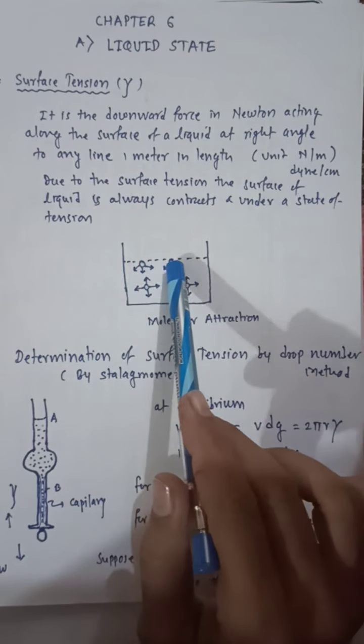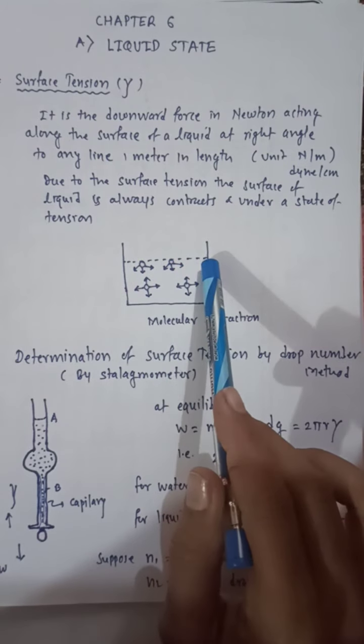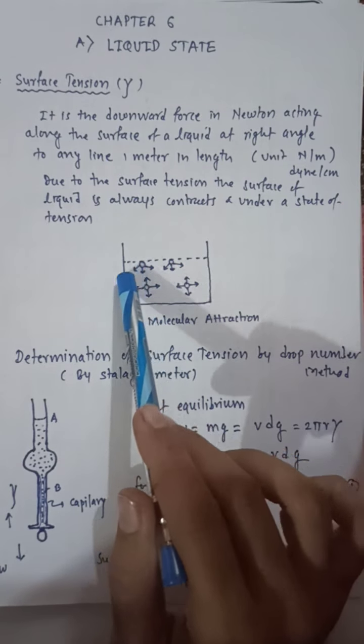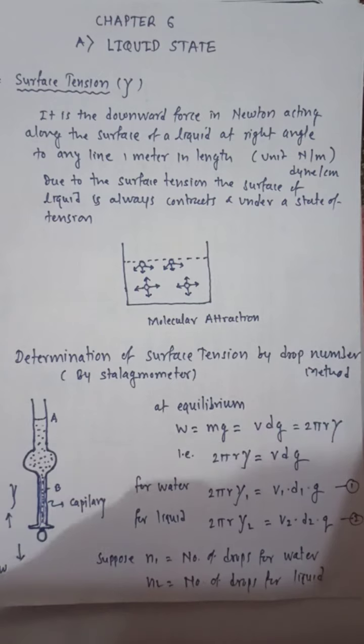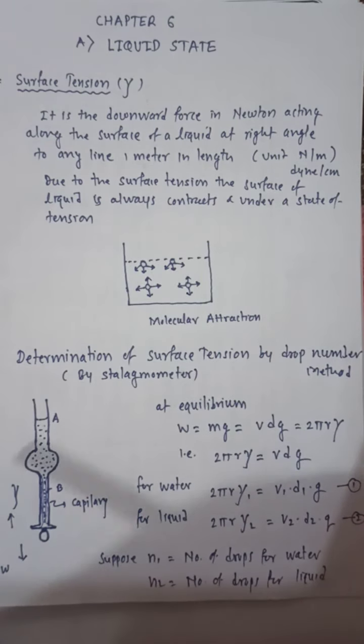But what will happen to the molecules which are on the surface? They will only experience the downward pull, and therefore the surface of the liquid is always under a state of tension, and that is called surface tension.